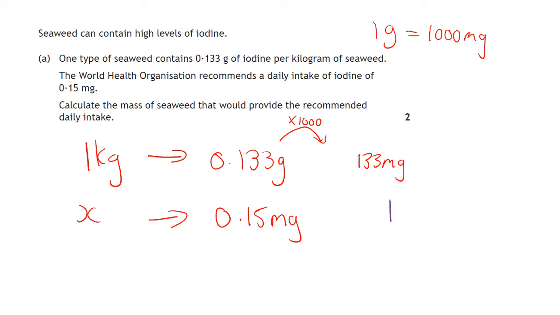And then we can use our, so 1 kilogram, 133, x, 0.15. Now this is something where we can use the fish method to do this, where we are going to start at one side and draw a fish, which I always kind of forget how to do, but it's going to be x.